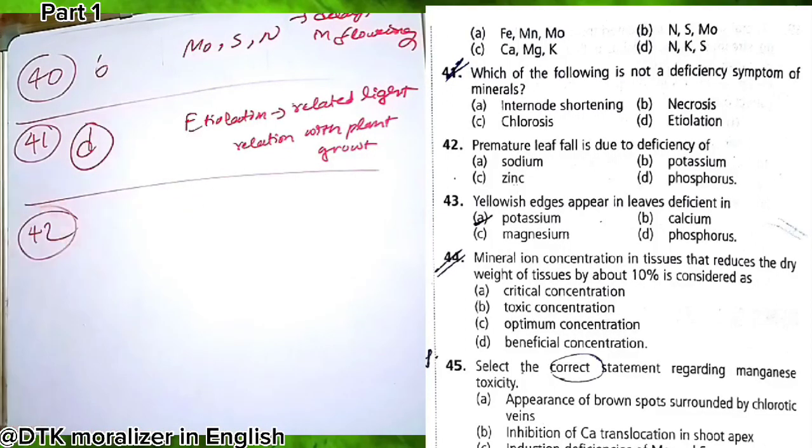So now question number 42. Premature leaf fall is due to deficiency of sodium, potassium, zinc, or phosphorus. It is an informative question. For this, phosphorus.